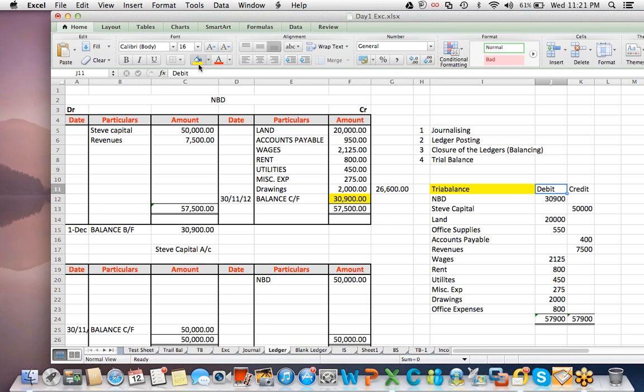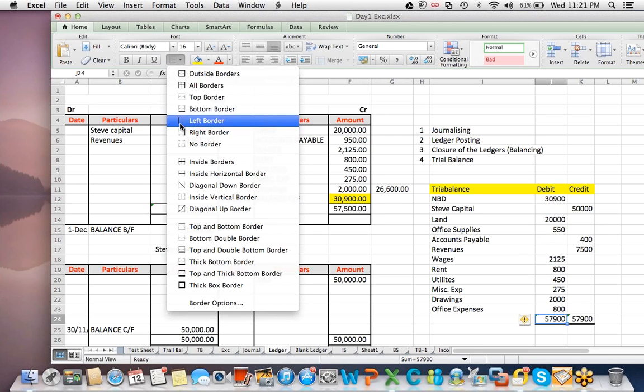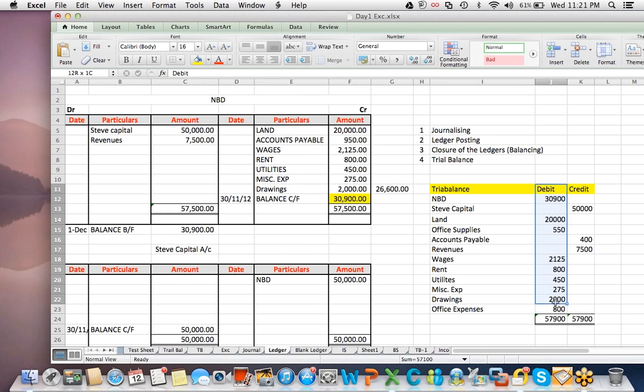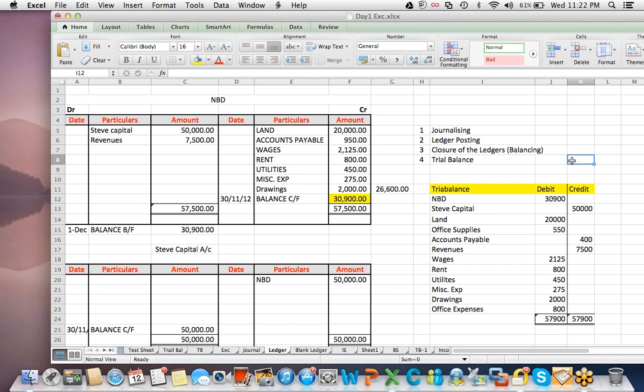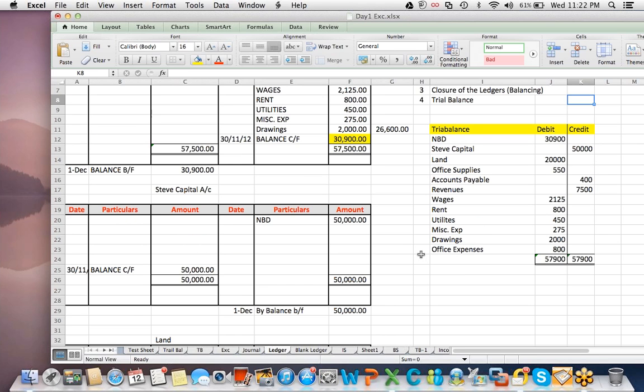But these days it's not a problem, because the system is generating everything. Unless some entries are not posted, your trial balance will always match. The only thing is to check whether the ledgers are posted properly or not.